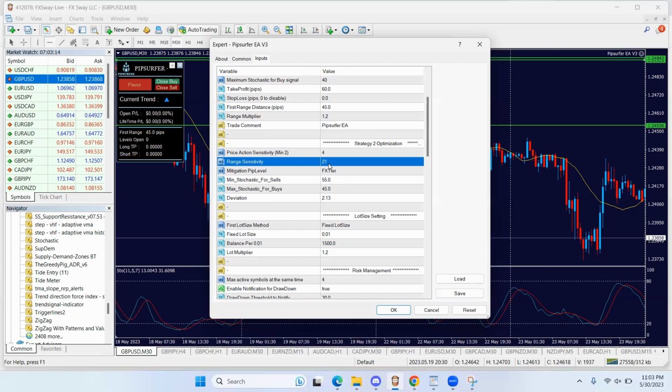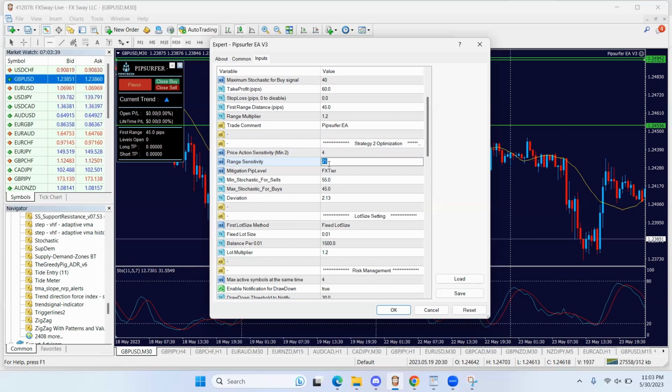Now, the range sensitivity is also going to be a level where it's looking at the volatility within a range. So when you have a higher range sensitivity, it's going to wait for more volatility in an area of price before looking for a trade.